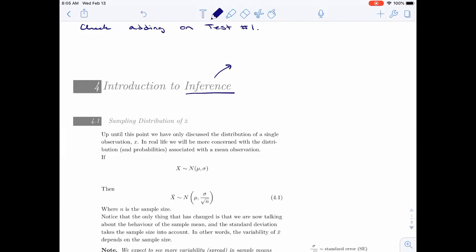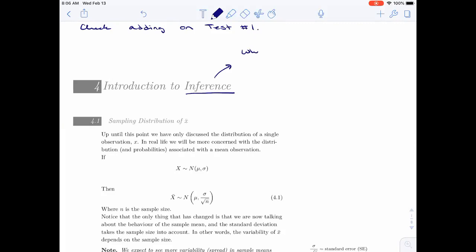Because this is what we said before, right? At the beginning of the term, we said, well, stats is going to be where we take sample information to say something about the whole population, right? Or what we could say is we take sample information to infer something about the population, right?